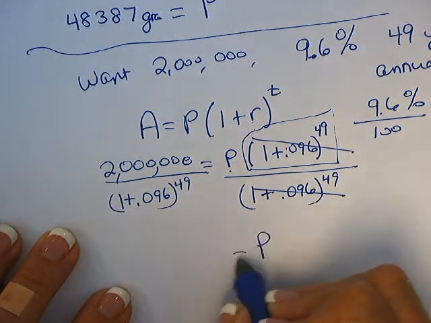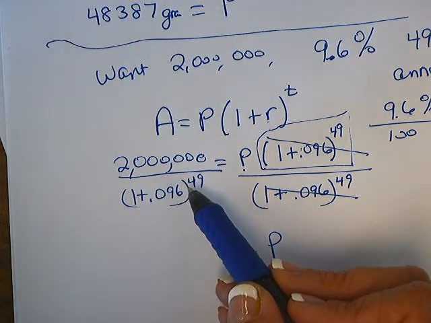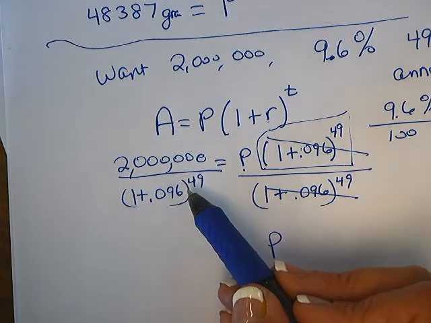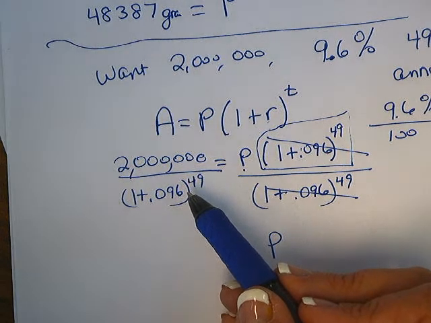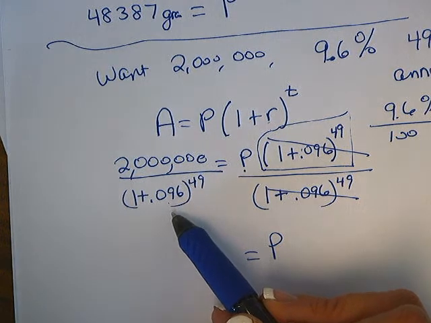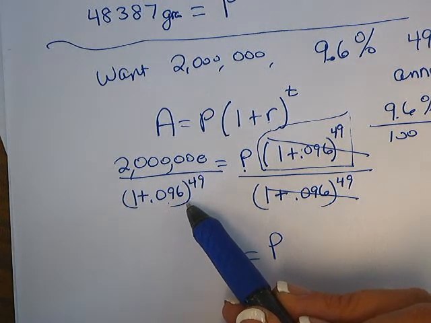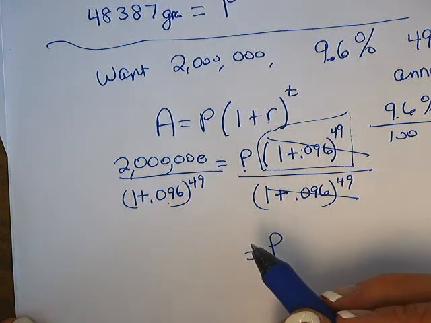I'm going to plug all of this into the calculator, so 2 million. That's 6 zeros, divided by, parentheses here, 1 plus 0.096 raised to the 49th power. And make sure you do the raised to, not just multiplied by. And then enter.